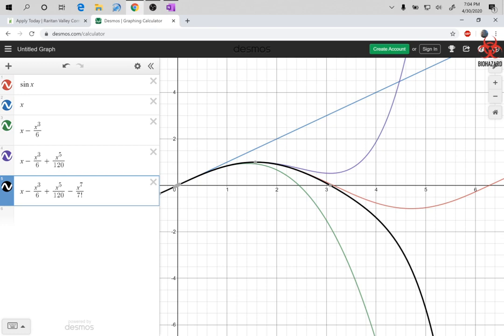So the convergence of power series here is on top of these. They converge to the function, but remember, the only way these are equal is when you have all infinity of polynomial terms in it.